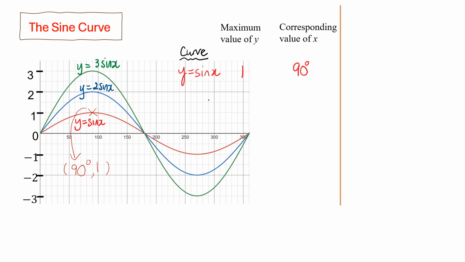Let's go on to the curve that is colored in blue, y equals 2 sine x. For y equals 2 sine x, we can see that the maximum point also happens at x equals 90 degrees, and the maximum y value is 2.